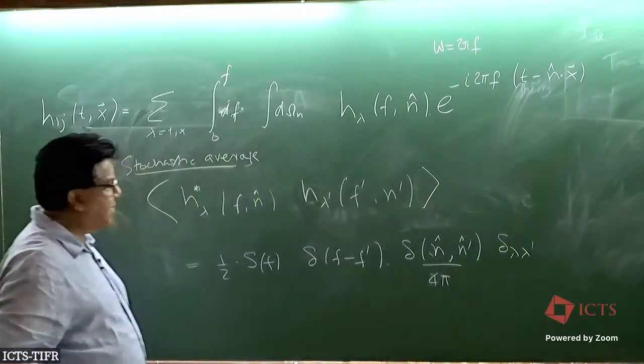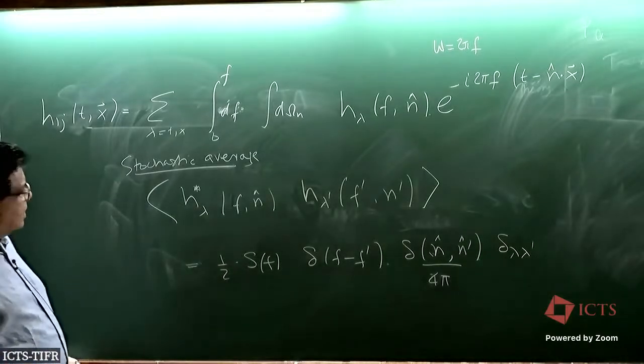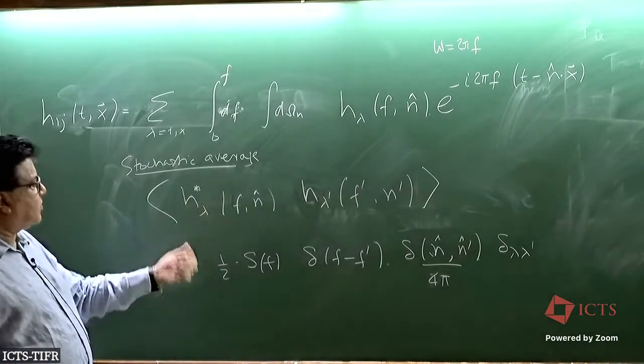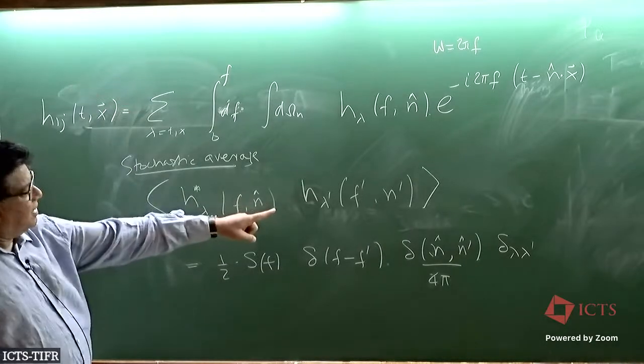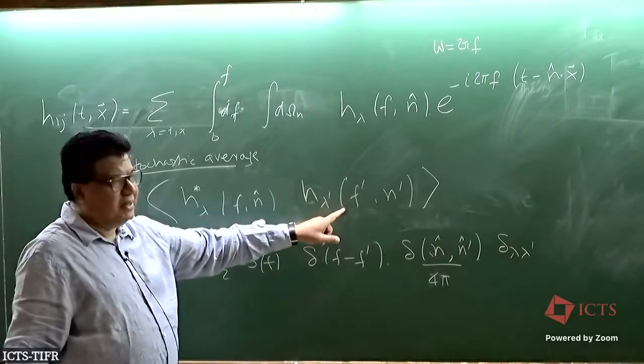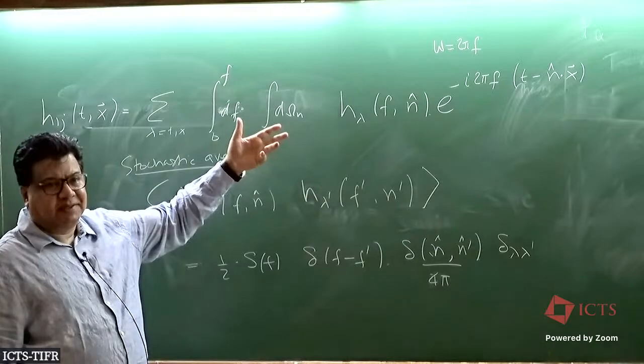Okay, so this is the crucial step. What this tells you is that if you have a cross correlation, we are taking the gravitational wave at pulsar A, and this one will be the gravitational wave at pulsar B in the frequency space.